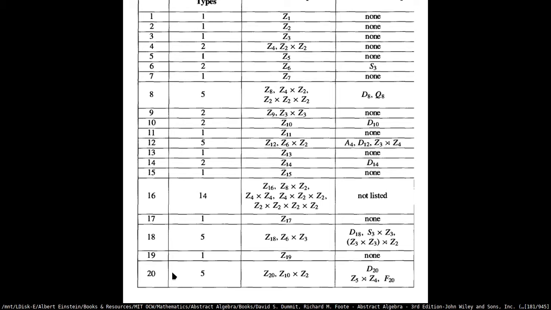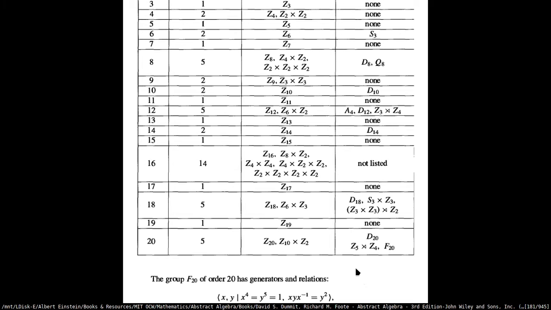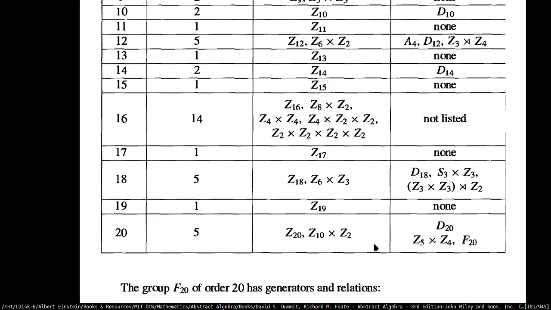For 20, it has 5 classes, and it has D20, and it all looks the same to me. I don't know how to predict the 5s. I mean, the Ds are always going to be in there. Or anything that has even order, that's going to be somewhere on the list.